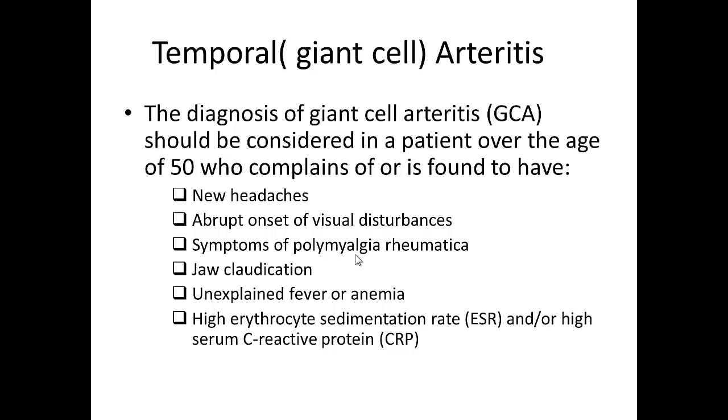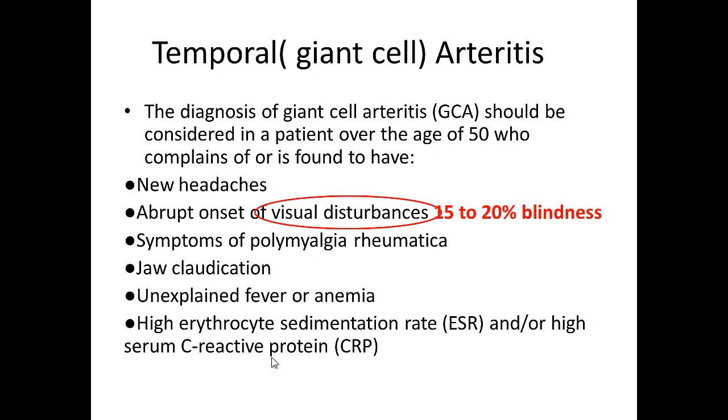Temporal arteritis also has some pain in the temporal area, but these people are associated with visual disturbances and pain in the jaw. When you do some blood work, you might get a high sed rate, which is a value that is elevated associated with inflammation.